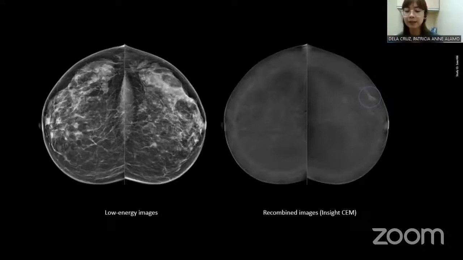An asymmetrical, mildly enhancing mass, 13 millimeter in diameter, was seen in the contralateral left breast. It wasn't seen in full-field digital mammography, but correlates with the hypoechoic nodule on ultrasound. Its pathology result was an invasive ductal carcinoma grade 2.